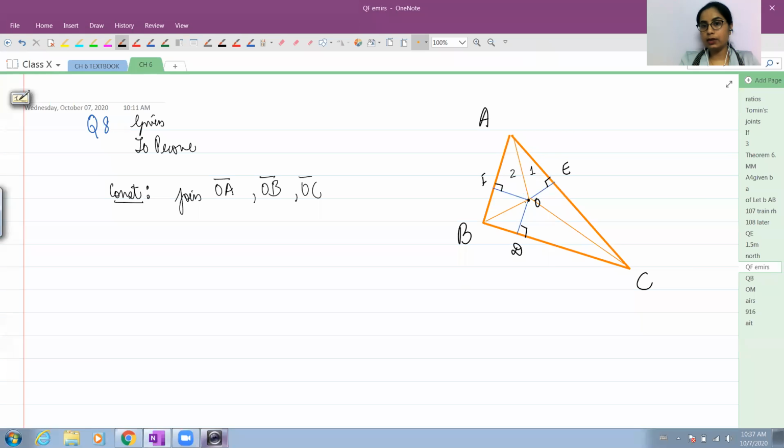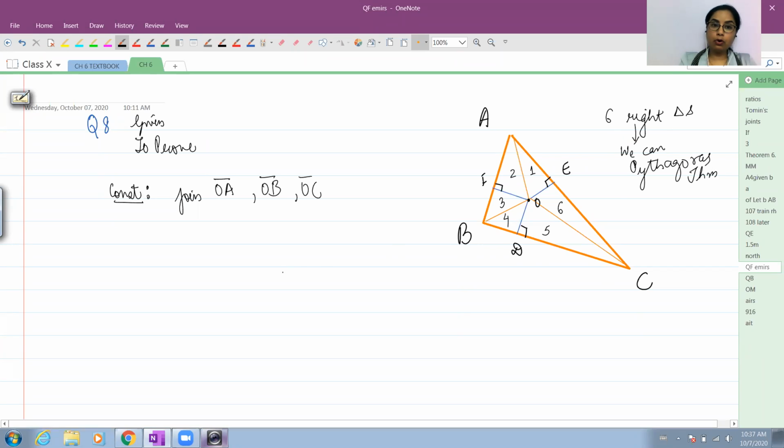Then triangle AOF, then we have triangle BOF, triangle BOD, triangle DOC, and triangle EOC. These are the 6 right triangles that we have. If you want, you can just write down this for yourself so that later on when you revise this, you are aware that there are 6 right triangles and we can use Pythagoras in each of these.